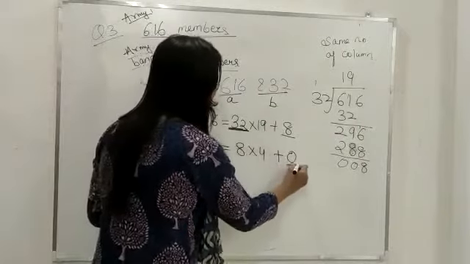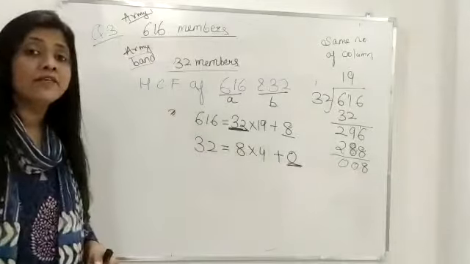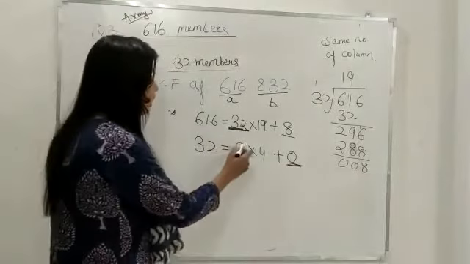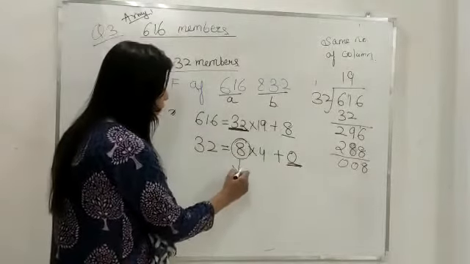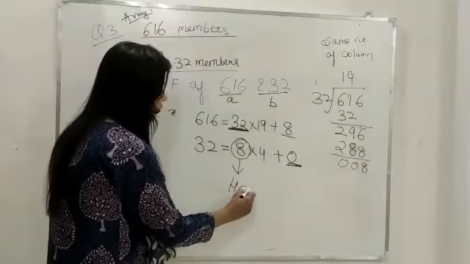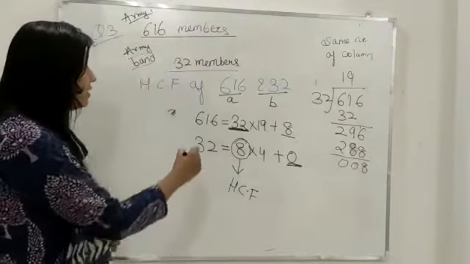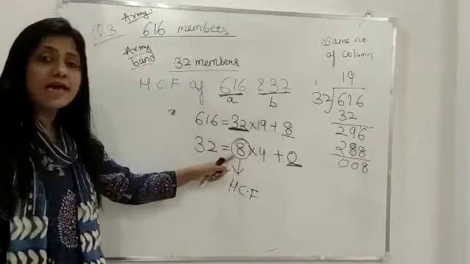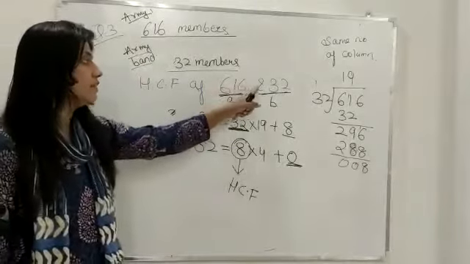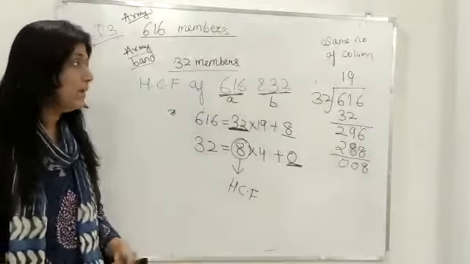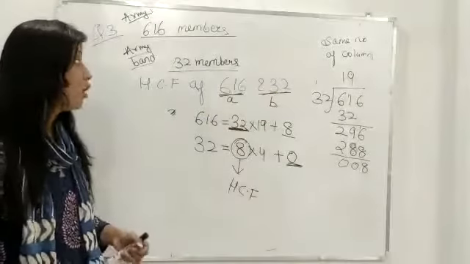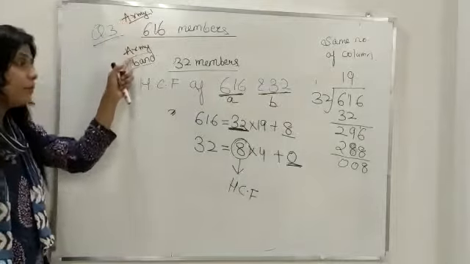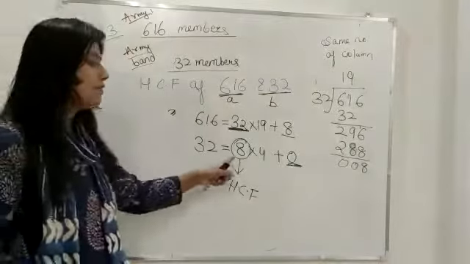In the next step, since I am getting remainder as 0, your 8 will be the HCF of 616 and 32. 8 is the HCF of 616 and 32. So it means the maximum number of columns in which the two groups can march is 8.